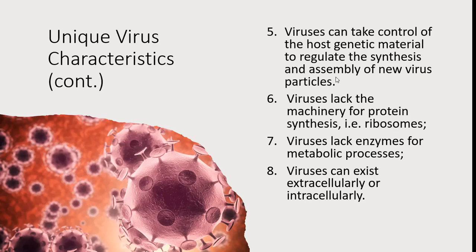So they're going to have to get inside a host cell, and they're going to have to literally take over the host cell's genetic mechanisms to be able to synthesize and assemble new viral particles. Again, they don't have that machinery, so they're not going to be able to make proteins. They're not going to have the enzymes necessary for metabolic processes.